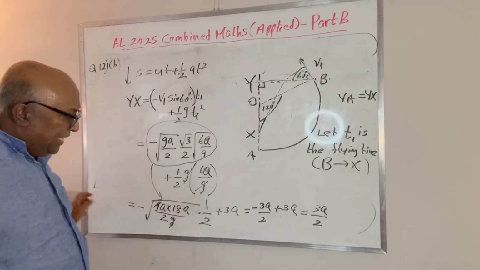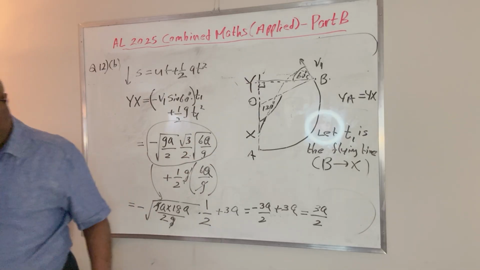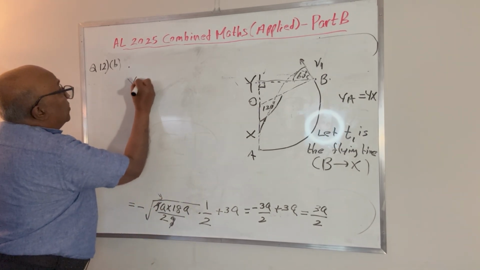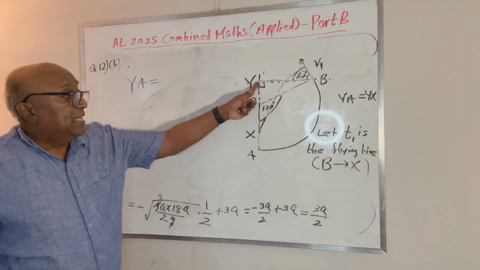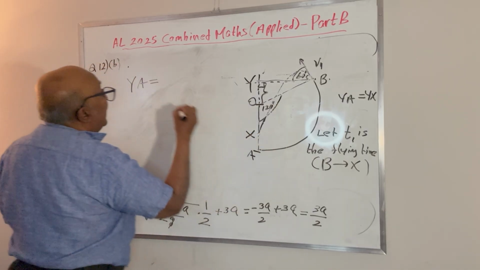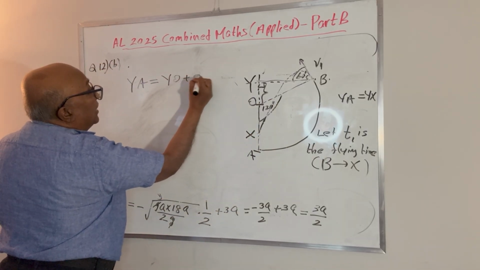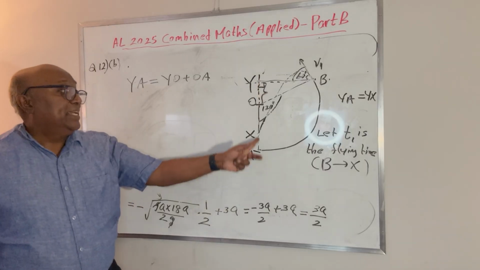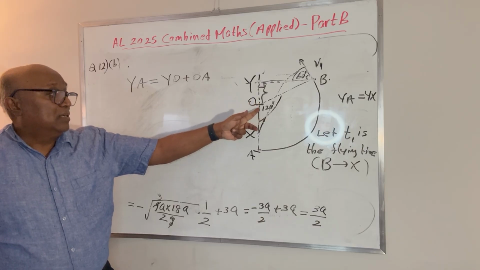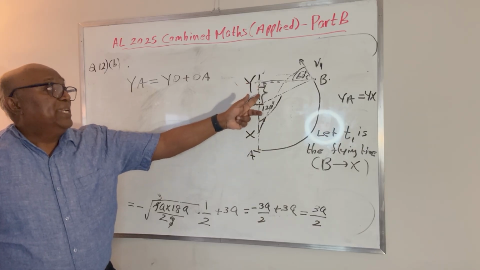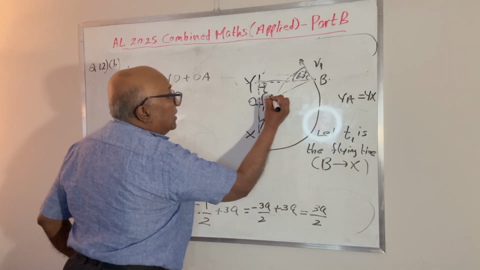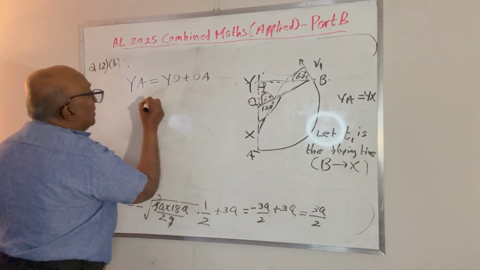What is ya? Let's find ya. When you look at the diagram, what is ya? The vertical distance y to a is equal to yo plus oa. Yo is equal to, from this triangle, this is also 60, a cos 60.